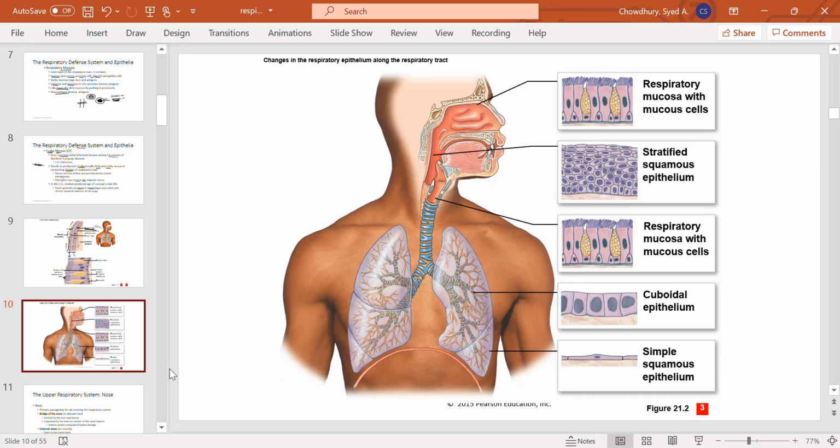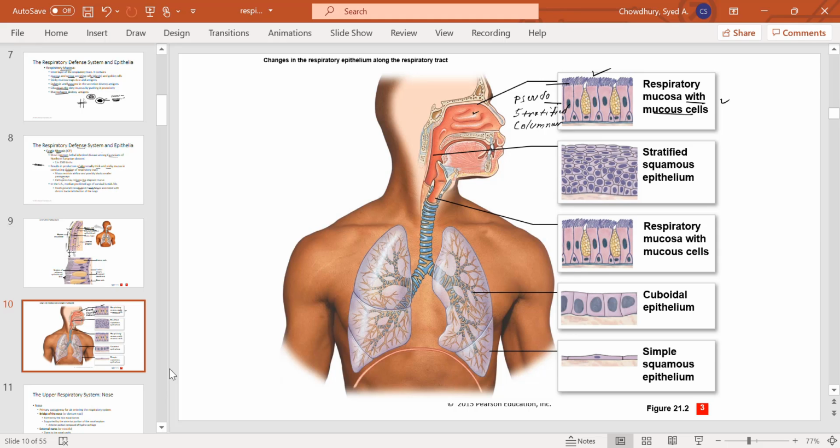Okay, now we'll see the epithelial lining at different parts of the respiratory tract. First, inside the nasal cavity, the lining is pseudo-stratified columnar epithelium. It is not mentioned here. And pseudo-stratified has cilia, right?